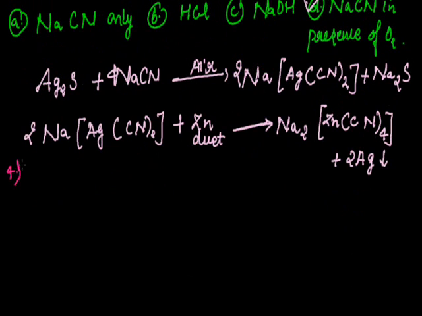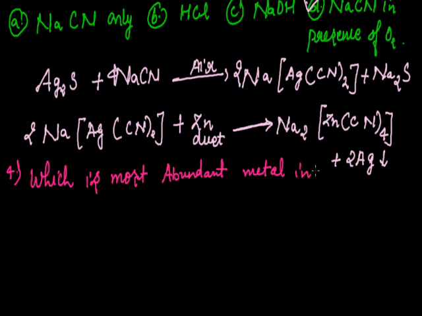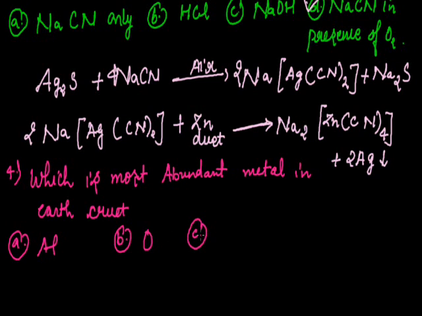Question number 4. Which is the most abundant metal in the earth crust? Option A is aluminium, option B is oxygen, option C is iron, and option D is silicon.